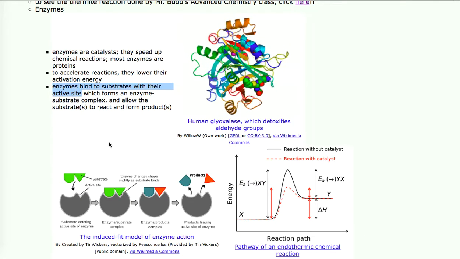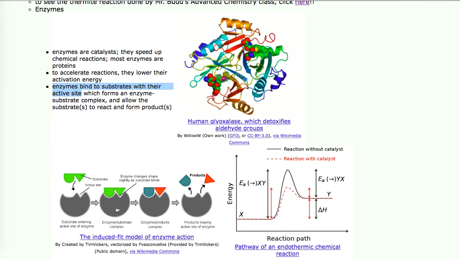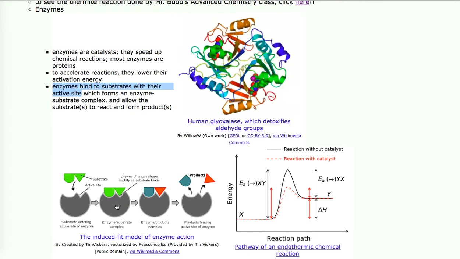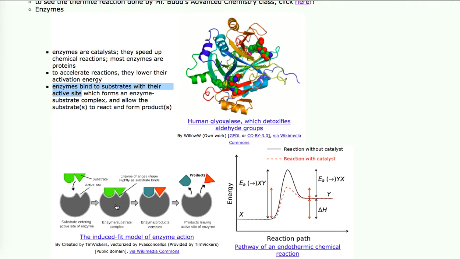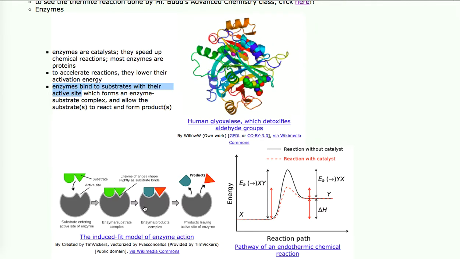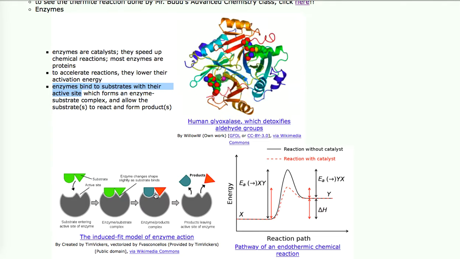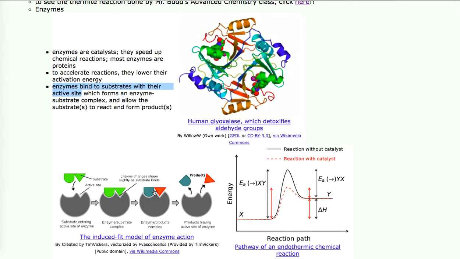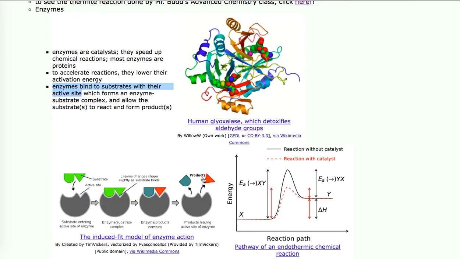They call that the induced fit activity there, where they don't quite perfectly match until they bond together, and then the enzyme and the substrate together meld. At that point, then, the electronic arrangement inside the substrate is altered, and then the products are released.